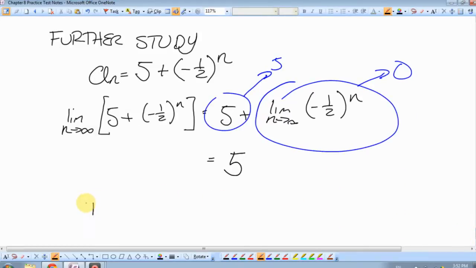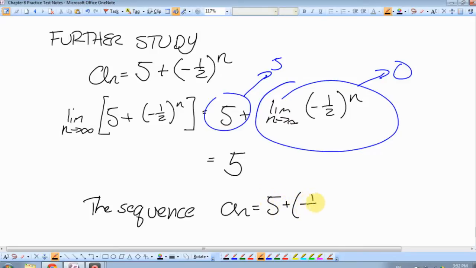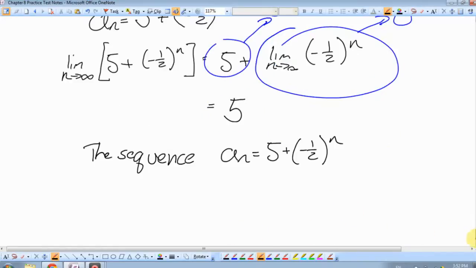The sequence a(n) equals 5 plus negative 1/2 to the n converges to 5. And that answers E, doesn't it? Okay.